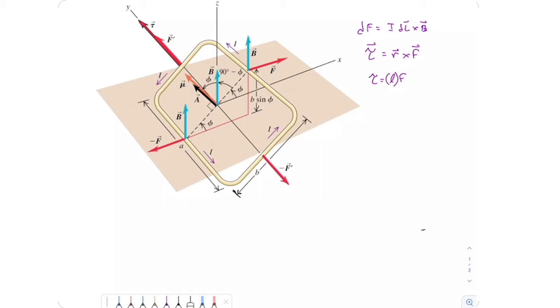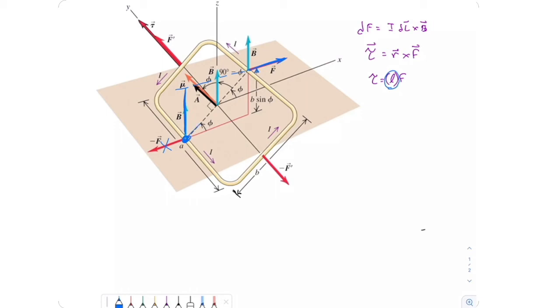So that's a torque. Okay, the magnitude of that torque, let's calculate the torque around some axis. Let's pick this point right here as our axis. If we do that, then this force doesn't contribute a torque. But this force up here does. And its lever arm is the distance between that force and our axis. It's this distance right here.